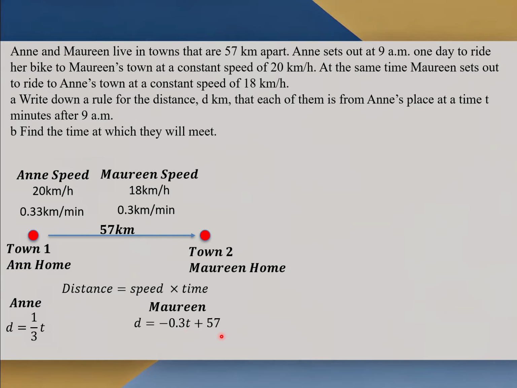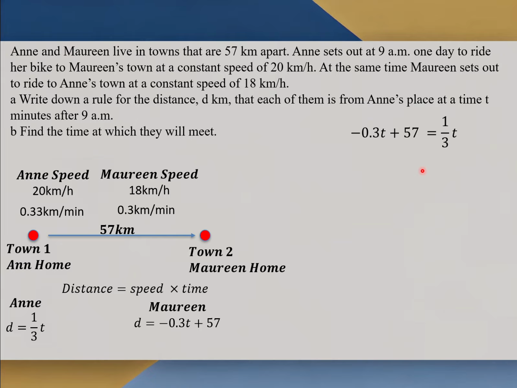Now, from this, I am able to use these equations to find what my time will be when their paths cross. So that means they're both equal to d, so I will make them equal to each other. Now I've done this, the first thing I'm going to do is get my t's onto one side. On your CAS calculator, you can get it straight as a fraction.